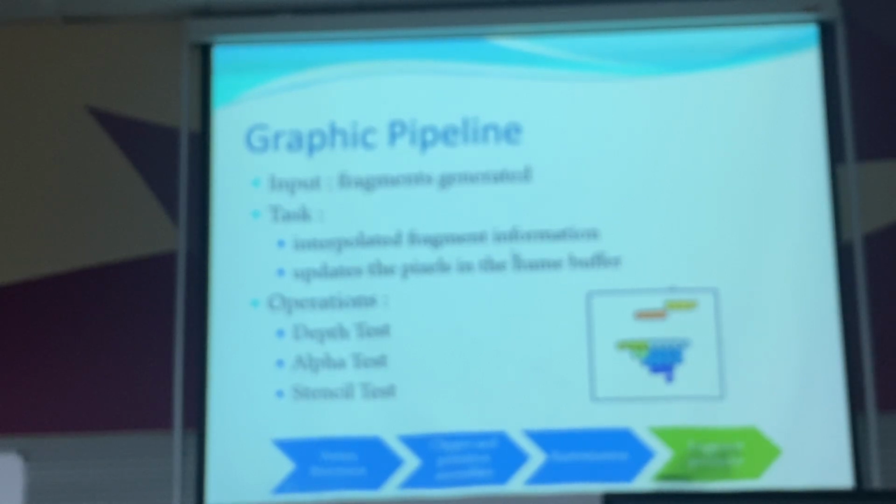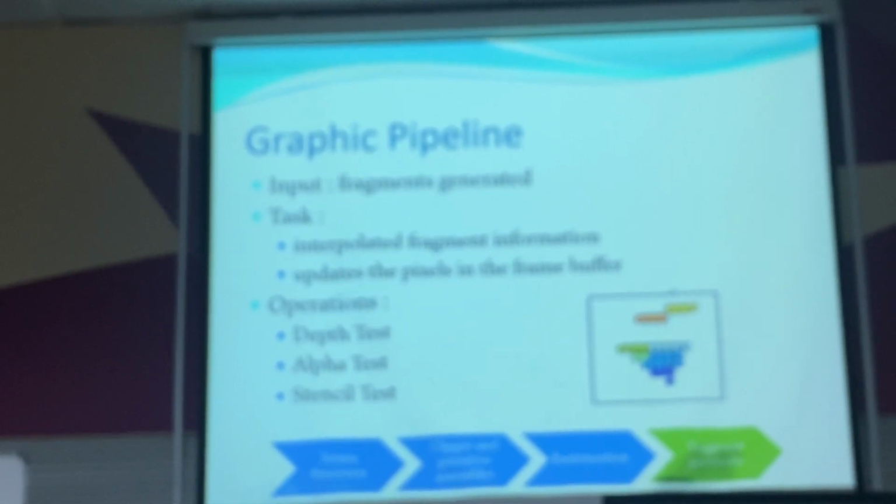It interpolates the color information like this one. This point is yellow, this point is orange. So you interpolate. These 3 become orange, these 3 become yellow. Interpolate means take the average and update the pixel in the frame buffer.